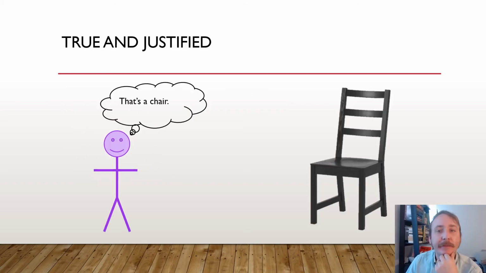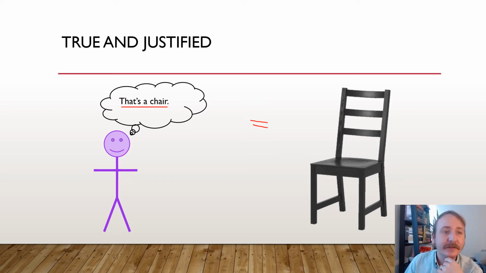Just to give you a little demonstration here, this statement that this person thinks, that's a chair, when looking at a chair under normal conditions, is both true and justified. It's true because the meaning of the statement, that's a chair, matches up with the world. So if this guy sees this chair under normal conditions, it's true when he thinks that's a chair.